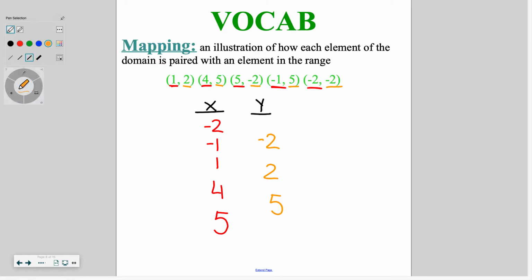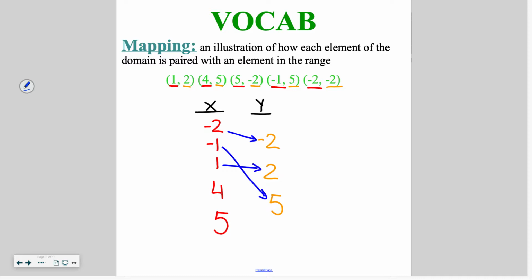Now, to finish a map, what you're doing is connecting the points that go together. So -2 is paired with -2. -1 gets paired with 5. 1 gets paired with 2. 4 gets paired with 5. And 5 gets paired with -2.